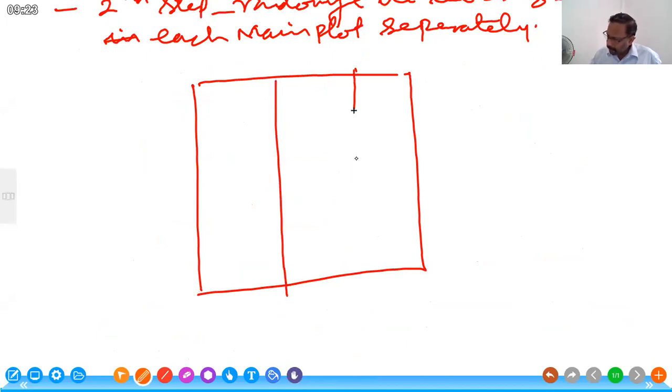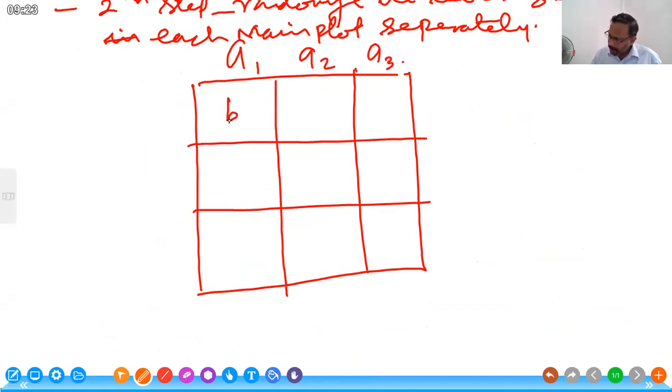Let's say I have factor A: A1, A2, A3, and B: B1, B2, B3.